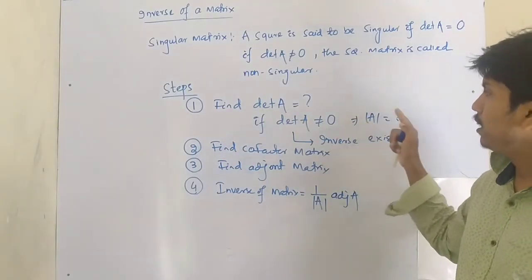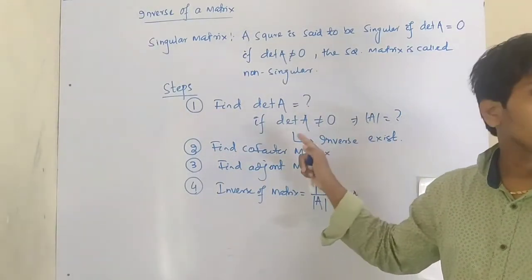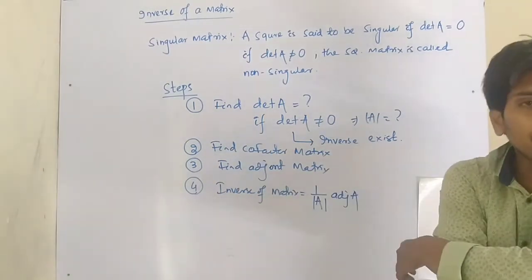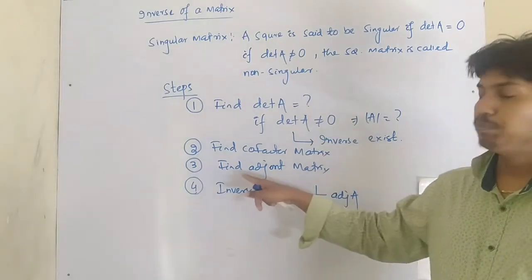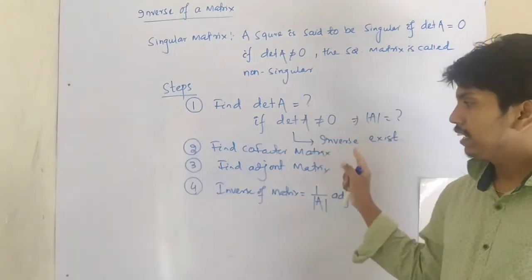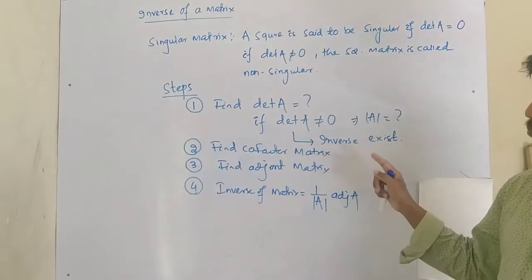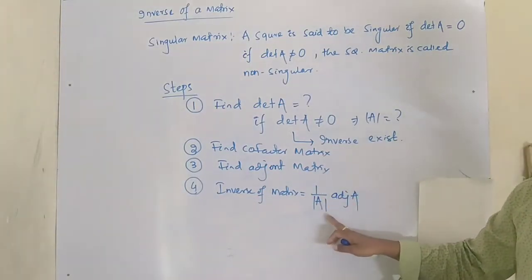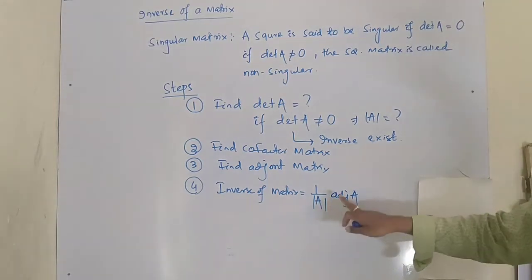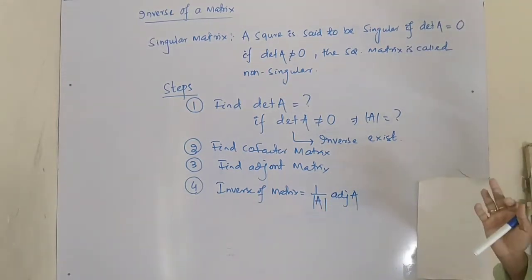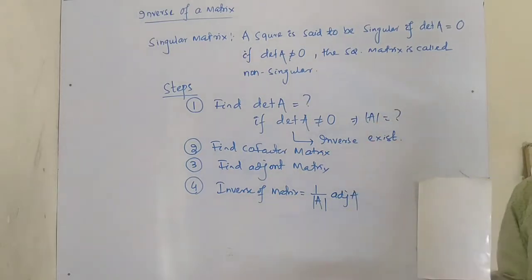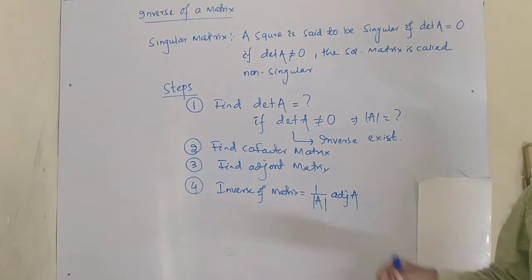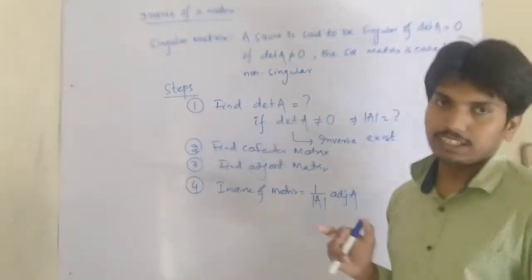Then if the determinant value is not equal to 0, you find the cofactor matrix, and then you find the adjoint matrix. After finding the adjoint matrix, the inverse matrix formula is 1 by the determinant value into adjoint A. In my previous video, I explained how to find the cofactor matrix and the adjoint matrix.